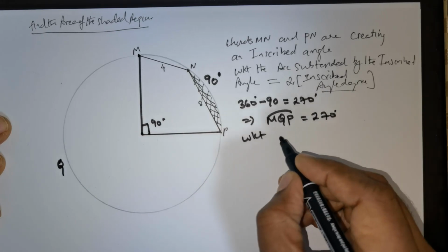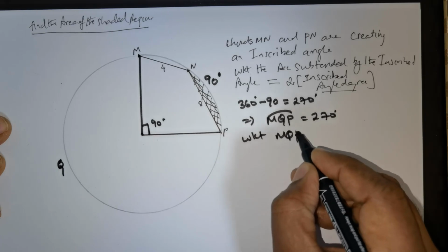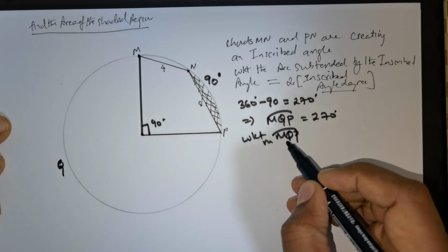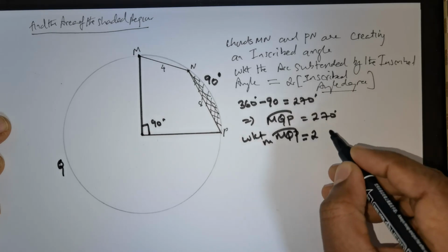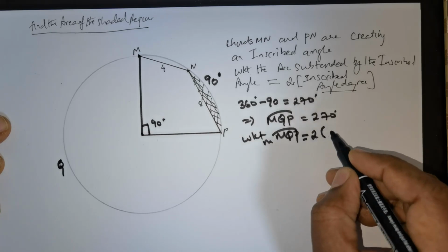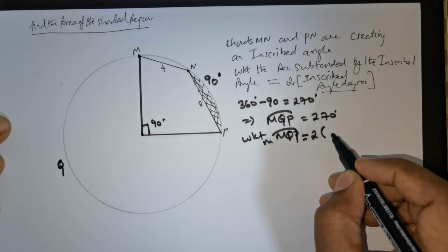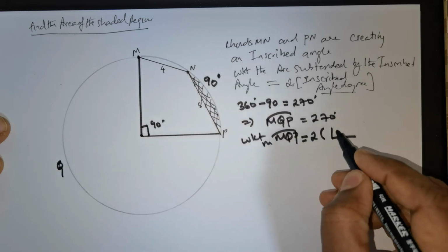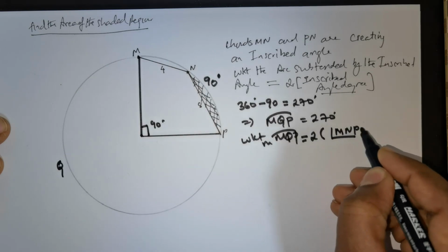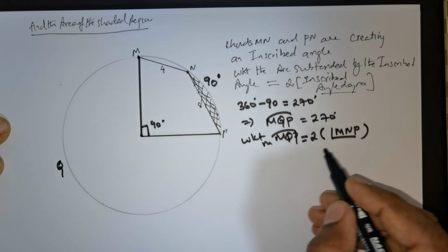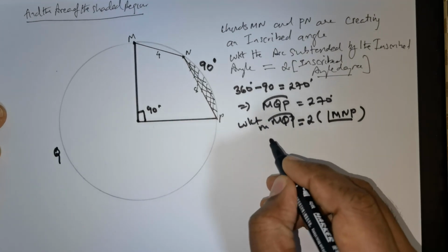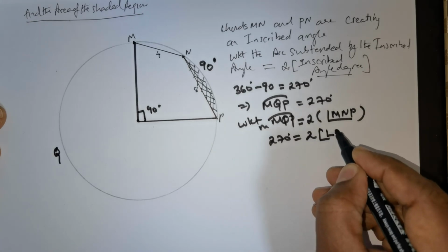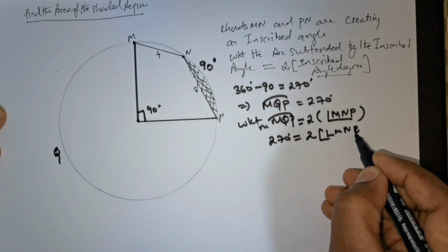Now we know that the measure of arc MQP is equal to twice the angle measure of the inscribed angle. So in this case it's going to be MNP. So this is 270 degrees, which is equal to 2 times angle MNP.